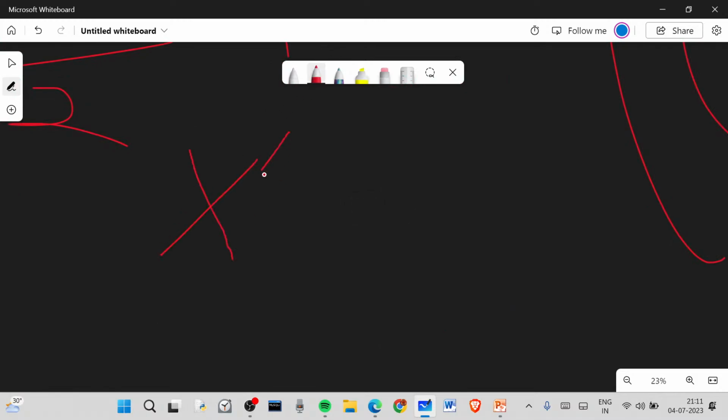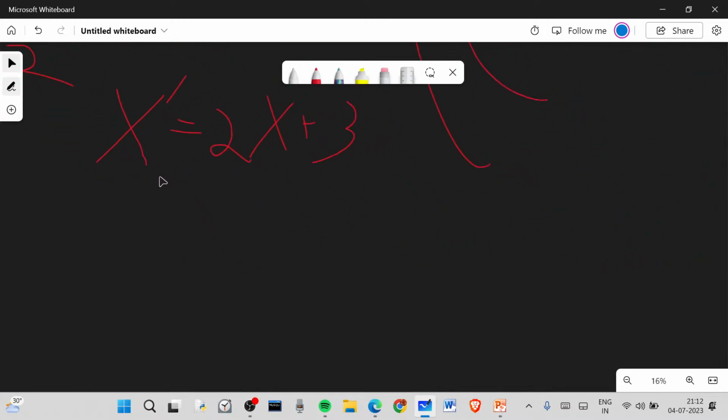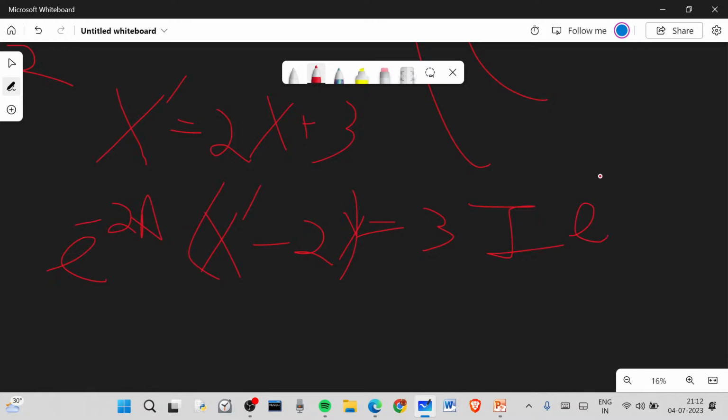X dash is 2x plus 3. However, you can scold me for this, but this is a kind of standard form, right? X dash minus 2x is 3I. Okay, viewer, what I'm doing is just beating around the bush, trying to generalize ways of solving differential equations in our simpler matrix multiplication.